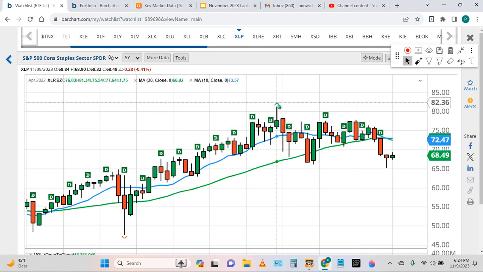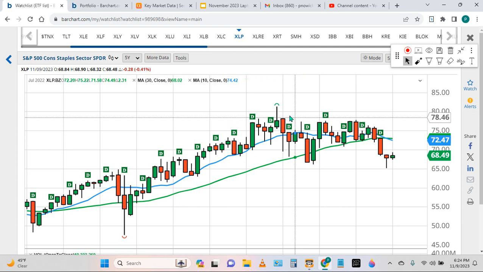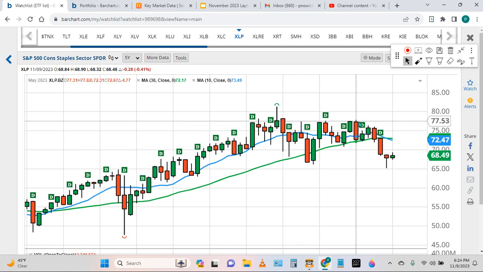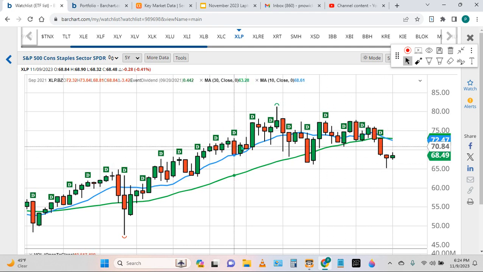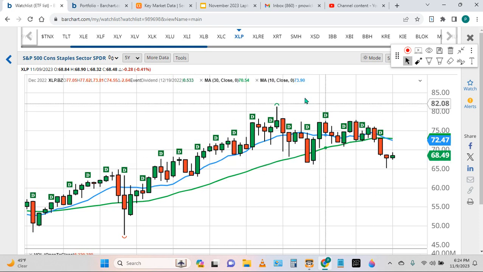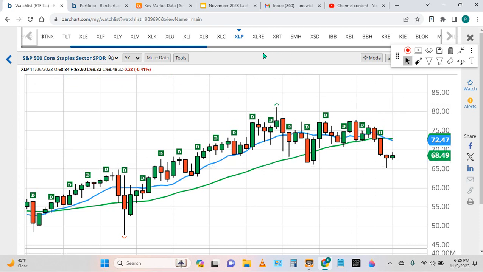We had a plateau, a spike in price, and it has not made any new highs in this period of time. In fact, it's made this new low versus this area. So consumer staples has not been a good area. I believe the main reason for that is investors have favored technology, so that's where money has flowed into. And two, I believe inflation is really affecting these companies in a major way.